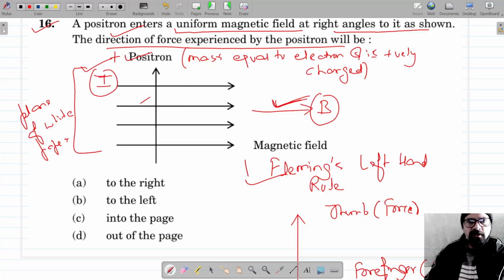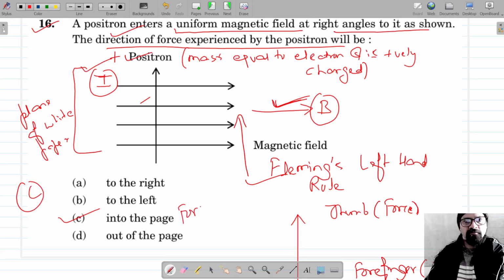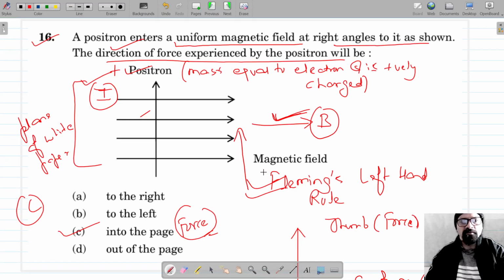Your thumb will be pointing into the plane of the paper. So this is option C, into the page. This is the direction of force according to Fleming's left hand rule. So this is option C for question number 16.